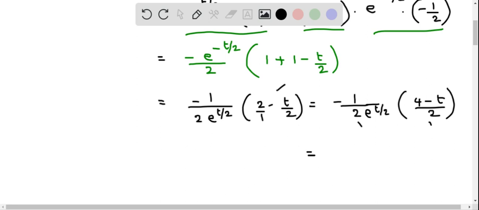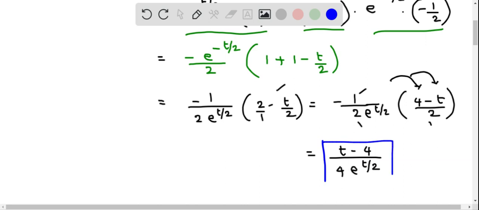So therefore, this equals, we will also multiply this negative 1 into the terms inside the brackets. So it will become t minus 4 divided by 4, times e power negative t by 2, which is the expression for the acceleration of the particle after time t.